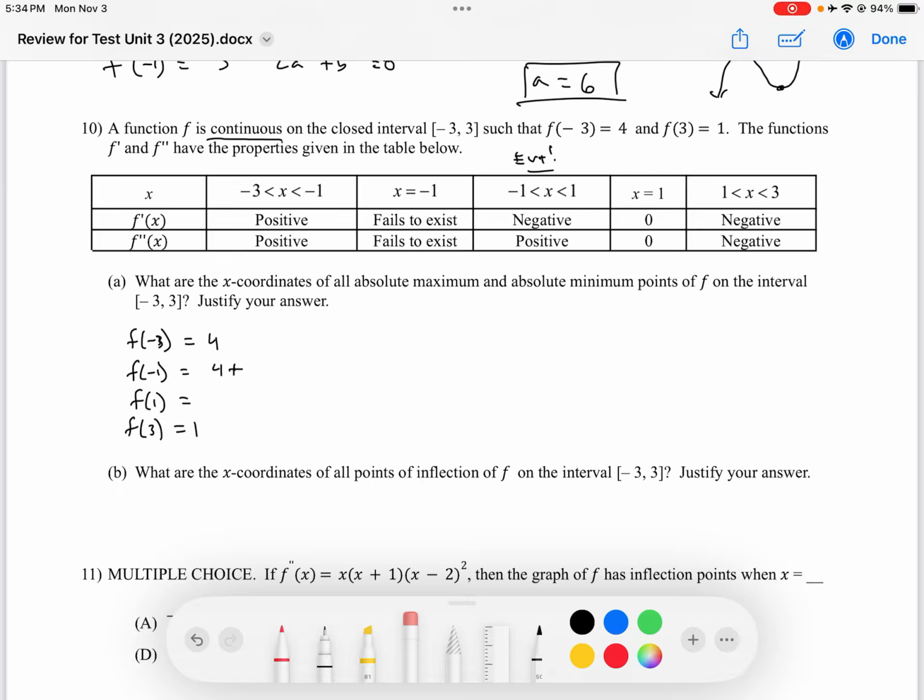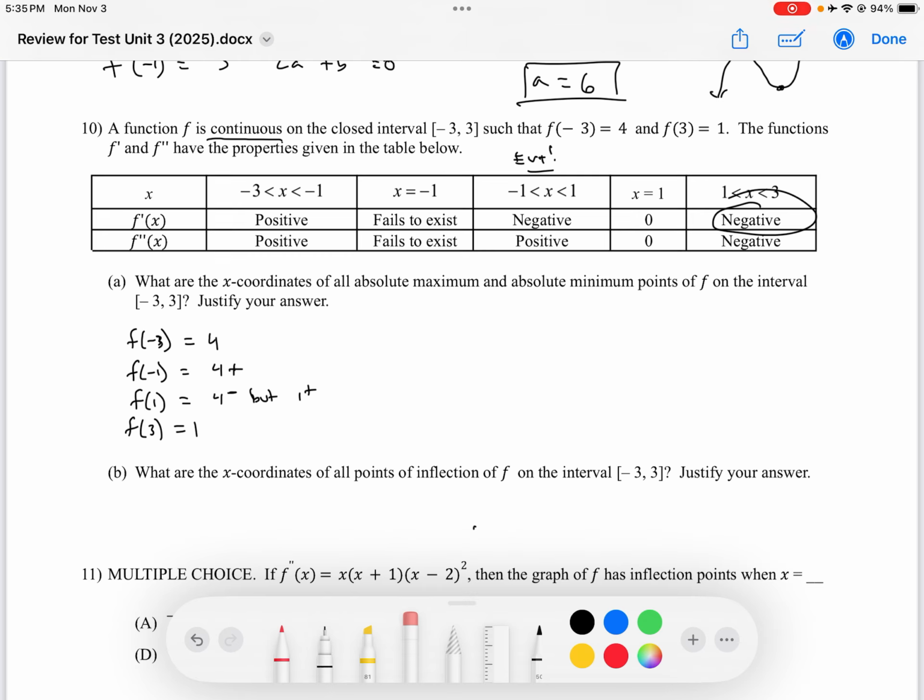Then between negative 1 and 1, we've got a negative derivative. So that means that the function is decreasing. And it turns out it continues to decrease from 1 to 3. So we know this is less than 4, but it has to be greater than 1 because it decreases from there to the next point.